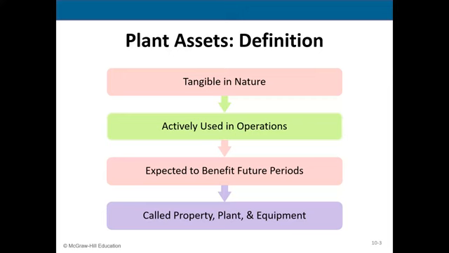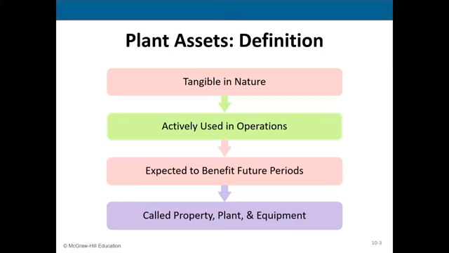That's also a fixed asset. It would include the kitchen equipment in the back. All of those things are called fixed assets, property, plant, and equipment. They're tangible in nature. We use them in the day-to-day operations of the business. They help to generate revenue.